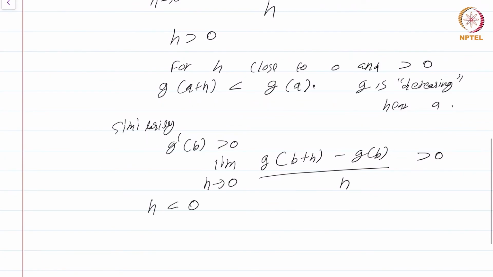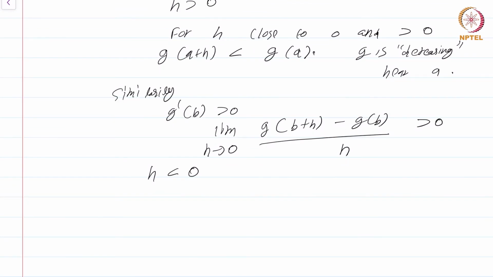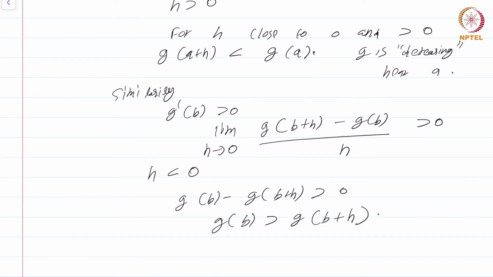But here h has to be negative, simply because we are at the right endpoint. So this will show that g of b minus g of b plus h is greater than 0, or in other words, g of b is greater than g of b plus h.